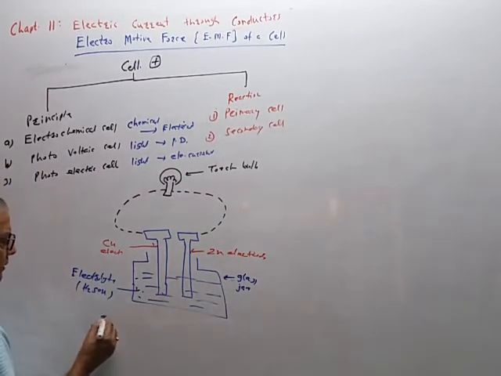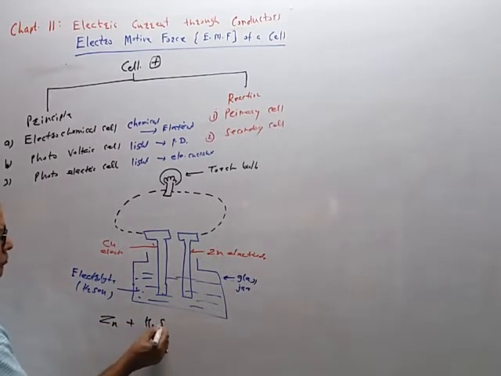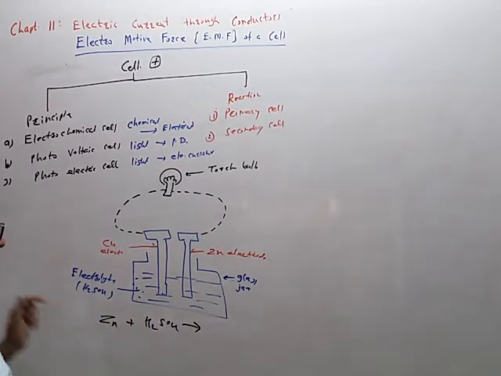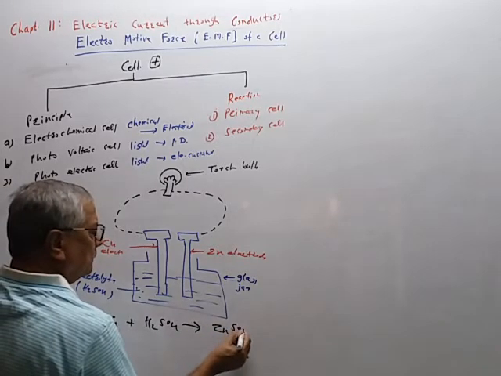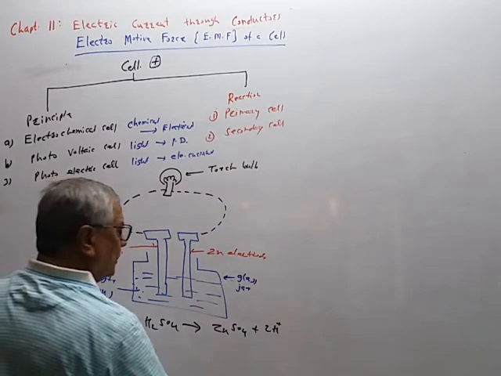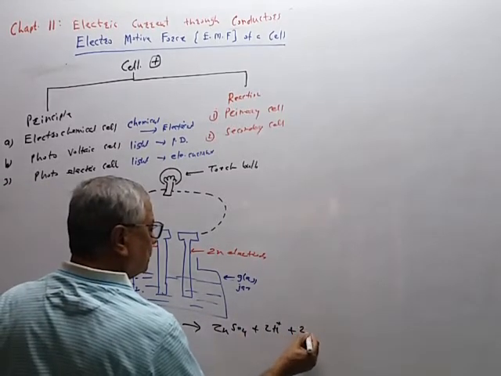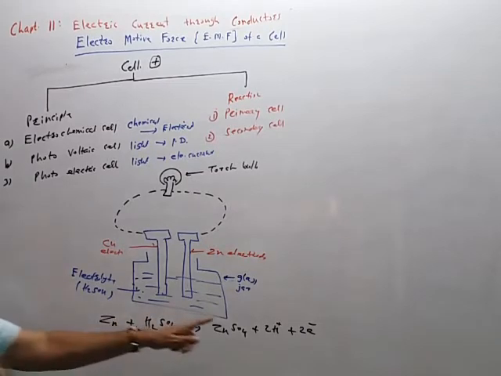In this case, the reaction is like this: zinc plus H2SO4. This reaction takes place. So there is a formation of zinc sulfate, ZnSO4, plus 2 hydrogen ions are liberated in the form of a bubble, and 2 electrons are liberated. Check the reaction.